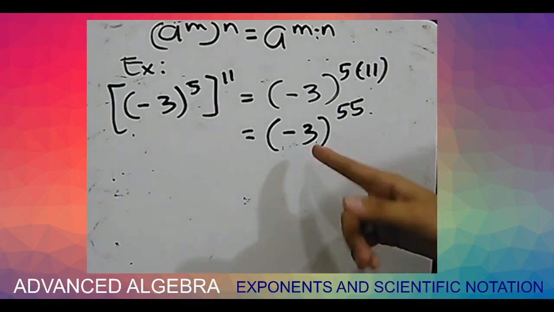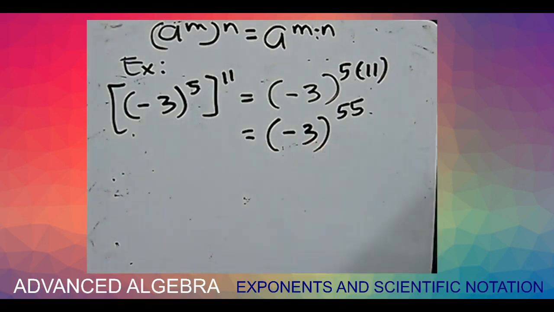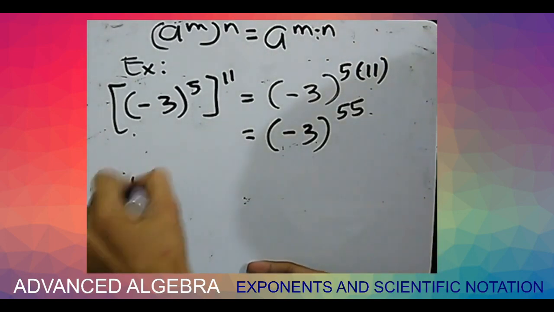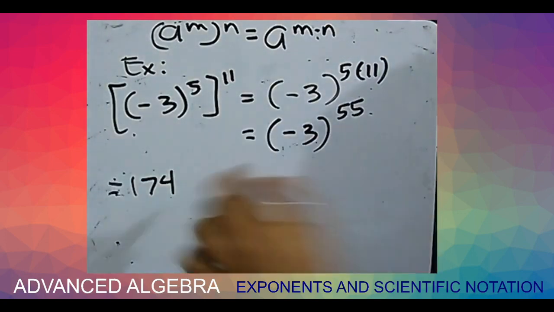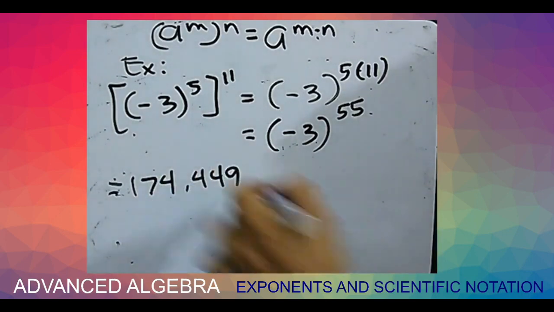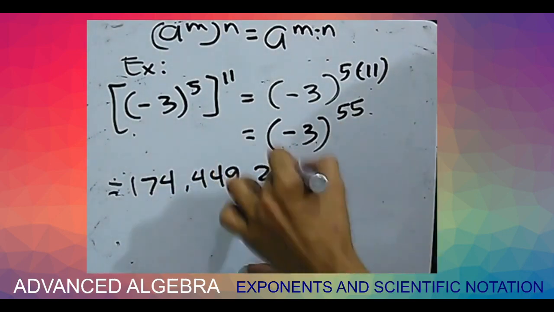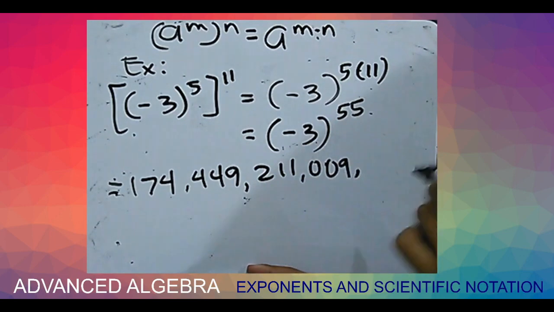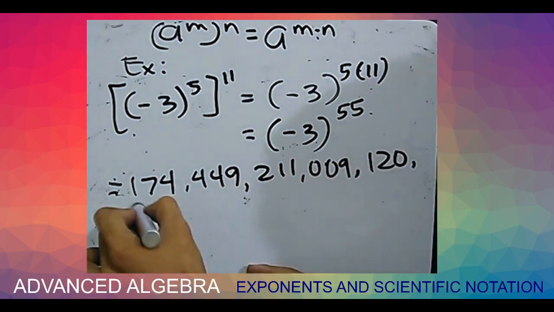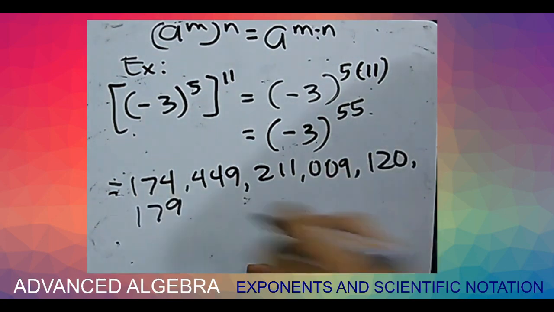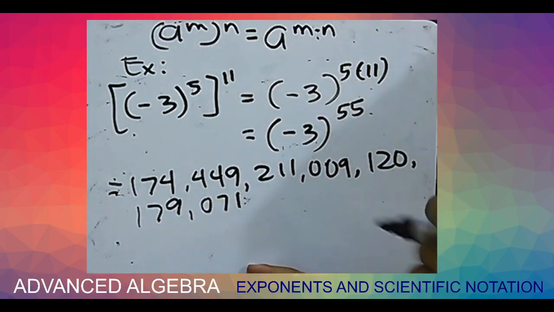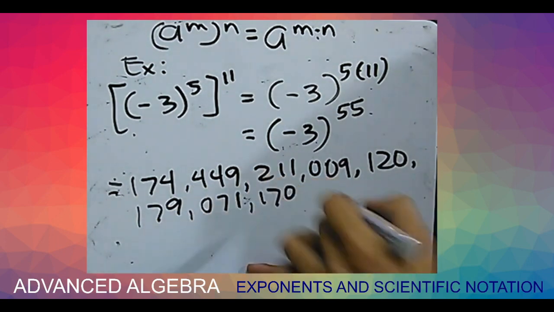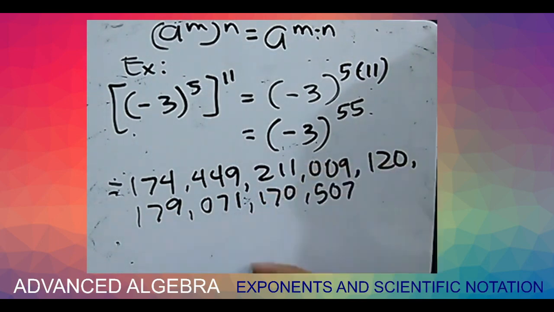Pag transfer natin ng negative 3 raised to 55 power, ang sagot diyan ay 174 at iba pa. Ang haba. Okay, ganyan ang kalalabasan niya kapag sinolve natin sa calculator.